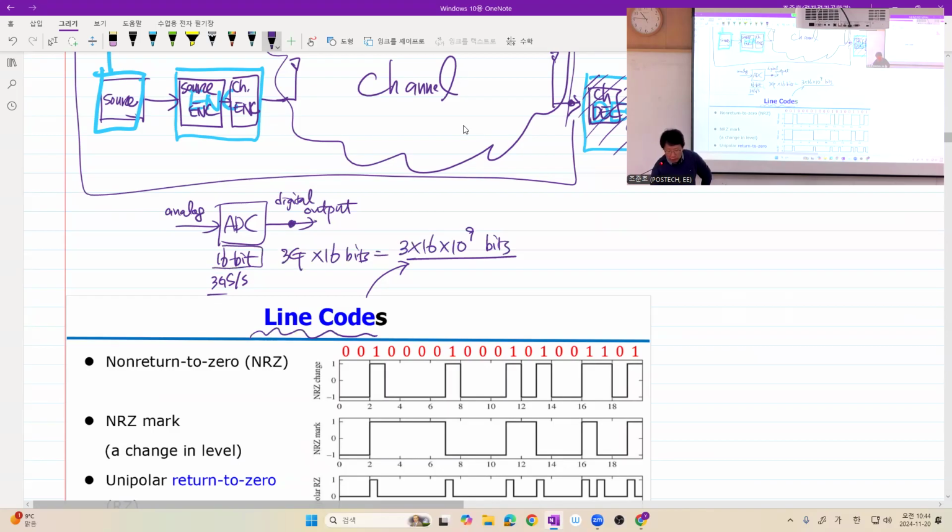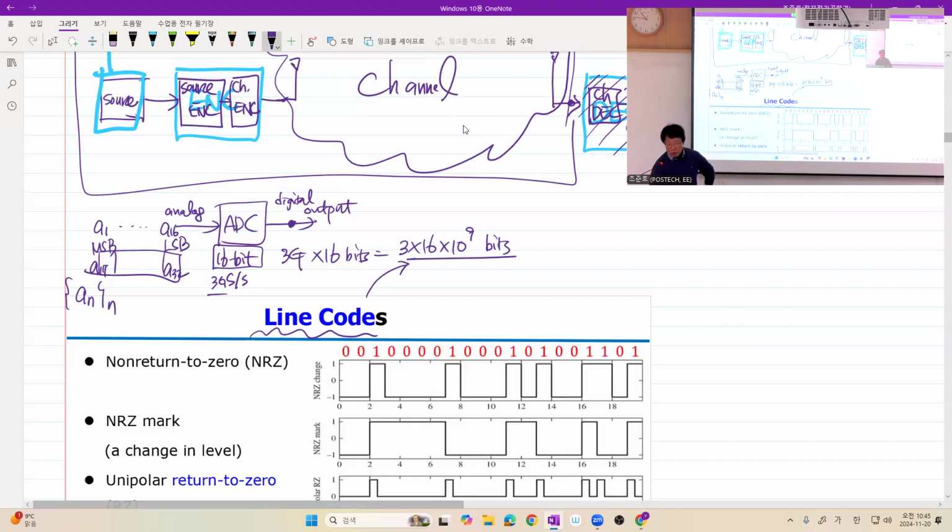Now, line codes do this. Suppose you have first 16 bits, and then you have MSB to LSB, most significant bit to least significant bit, right? So you form a sequence, a mathematical sequence, from some initial time index n. For example, you assign this one as A1 through A16. And then your ADC generates in the next sampling epoch 16 bits, and then you have A17 to A32, right?